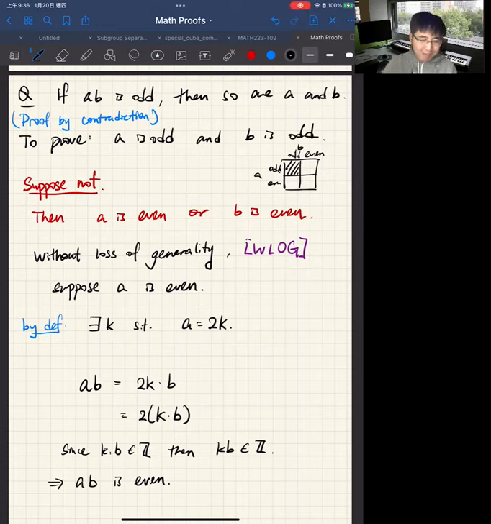You know that AB is odd. Now you get AB is even. So it's a contradiction. Here, of course, I assumed that if an integer is even, then it is not odd. But you know that integers can only be either even or odd, so this is correct.